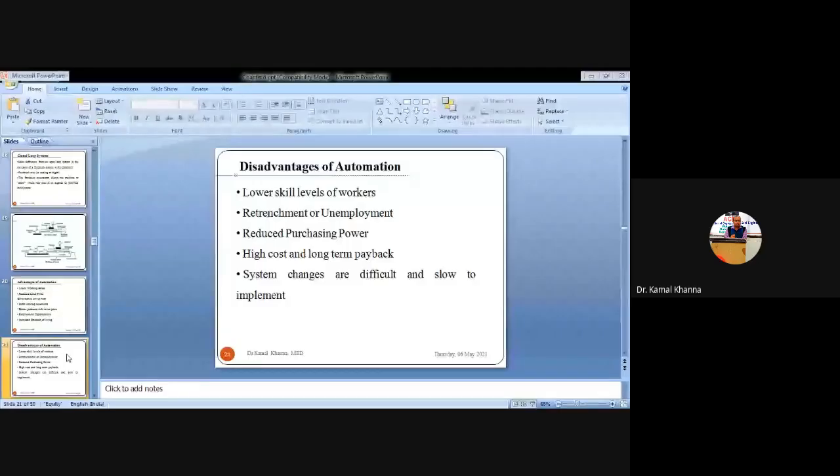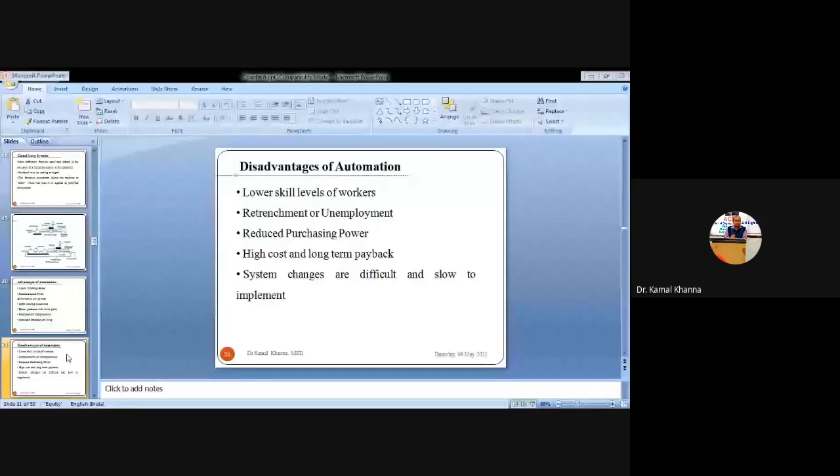cannot be paid higher salaries. So the salaries have been reduced, and the number of workers employed for CNC machines has been less, because all the operations are carried out with the help of a set of instructions stored in the machine. So human assistance has always been reduced.